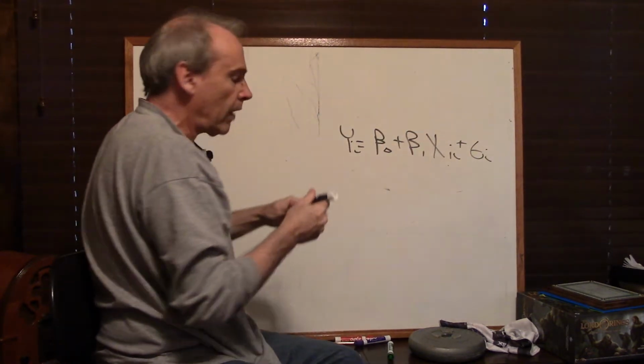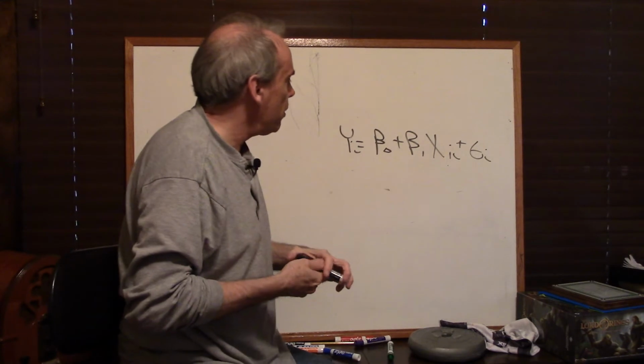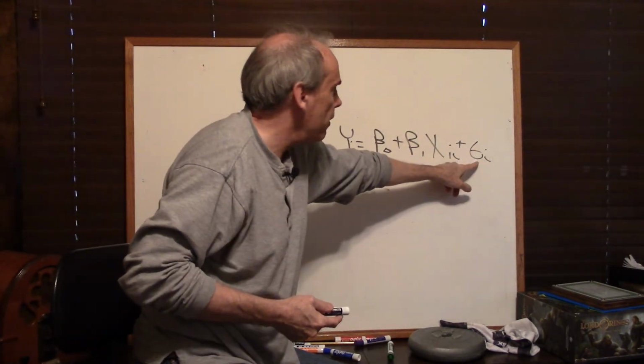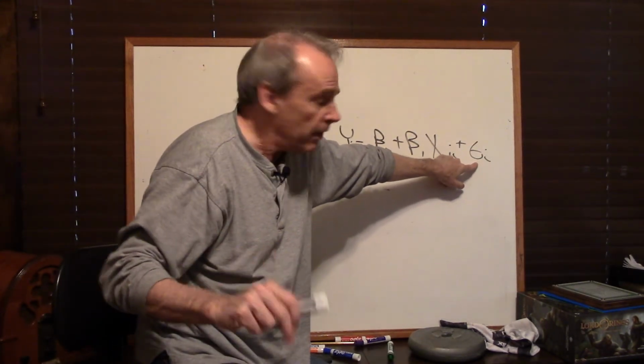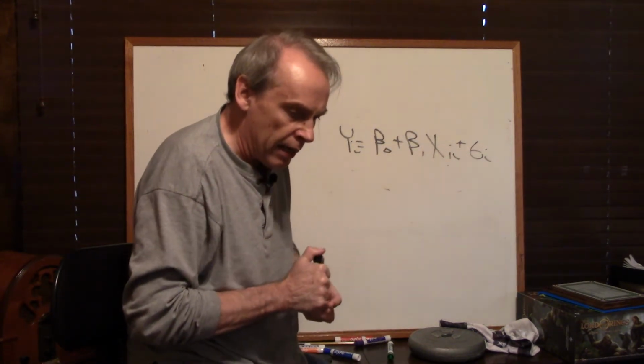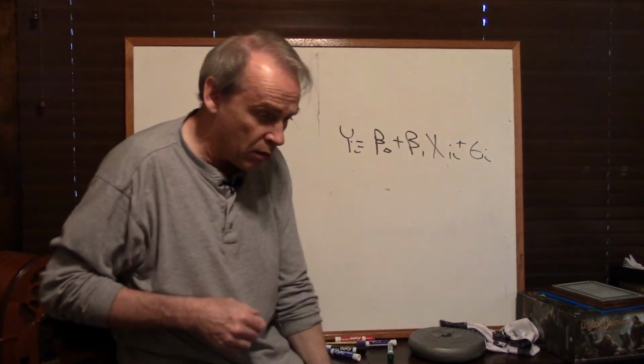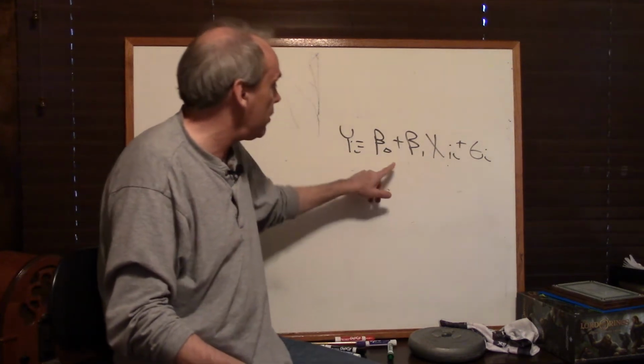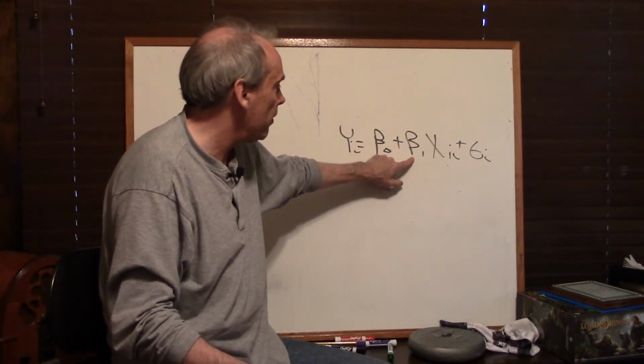What it's saying is that there should be no correlation between them. The error can still be 0 on average, right? But there could be a relationship between this and this. And if that's true, then it's going to lead to a bias in the estimate of beta sub 1.